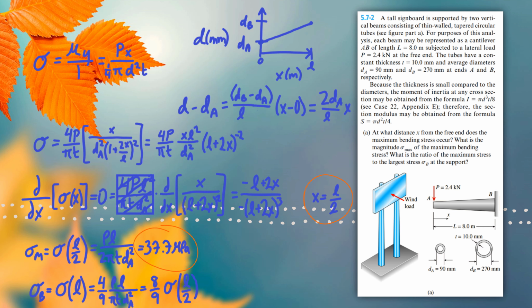So I can just say, if I take the top one and divide by the bottom one, symbolically, I already know that my sigma sub b is going to be 8/9 of my sigma at L halves. So if I just invert that, because I'm doing sigma max divided by sigma b, then I get 9/8 is my ratio.